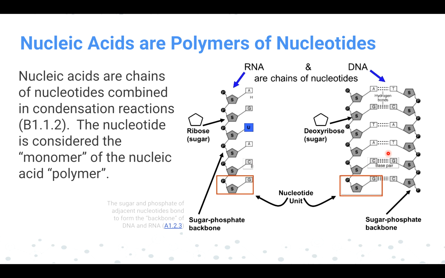And the bond between the bases is actually a hydrogen bond. Between G and C, you get triple hydrogen bonds, and between A and T, you get double hydrogen bonds. This is called base pairing. Again, we will discuss it in the next slide.